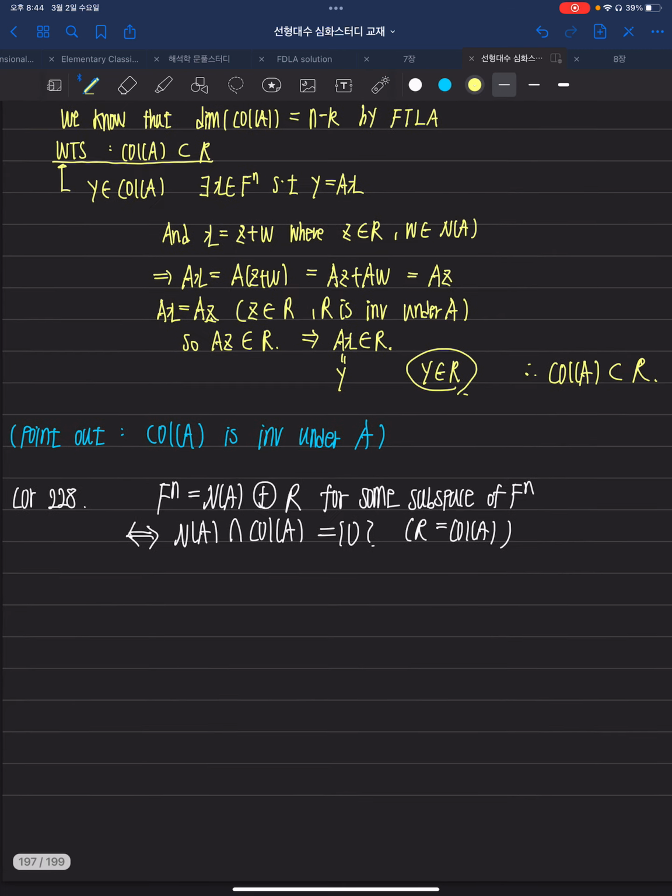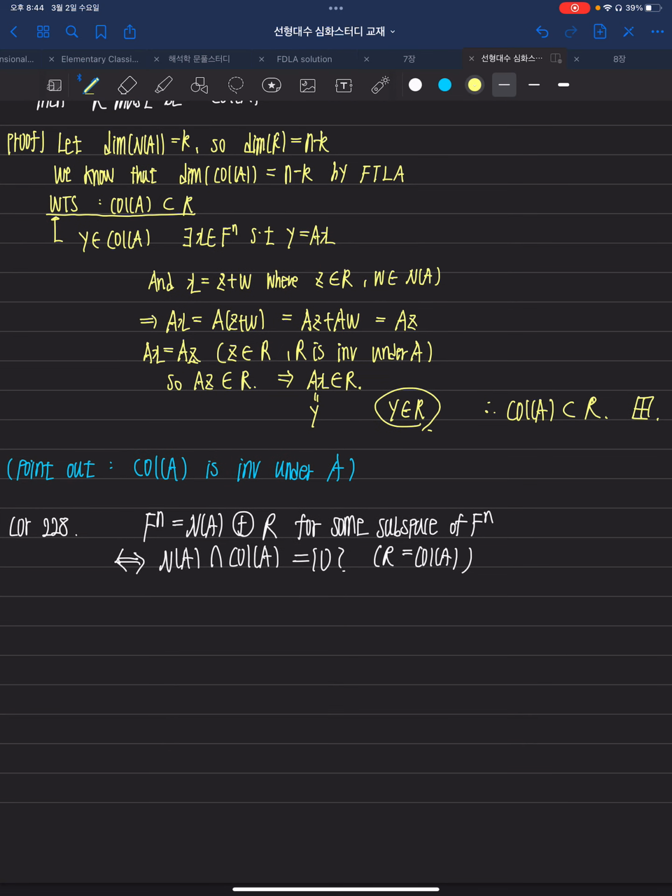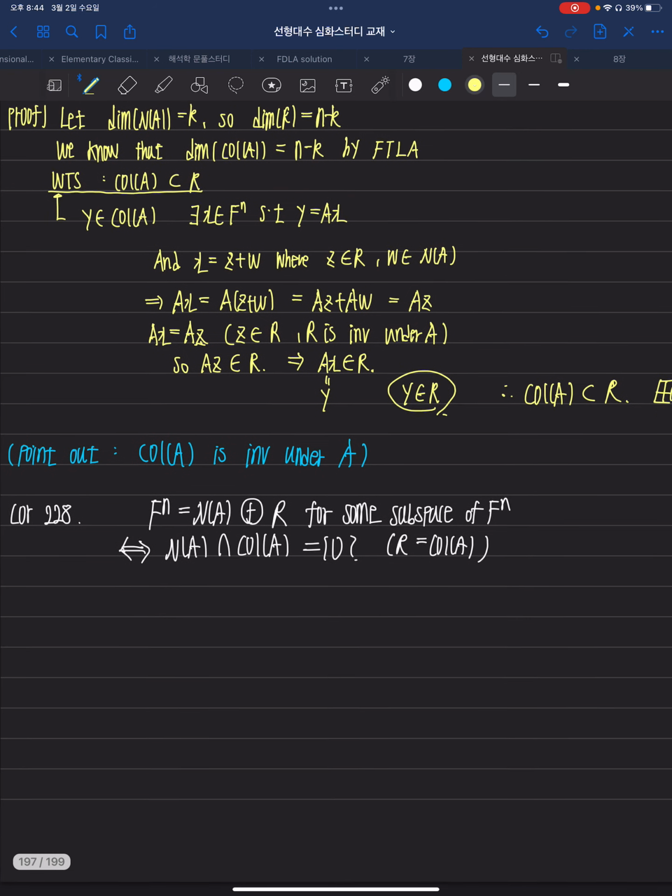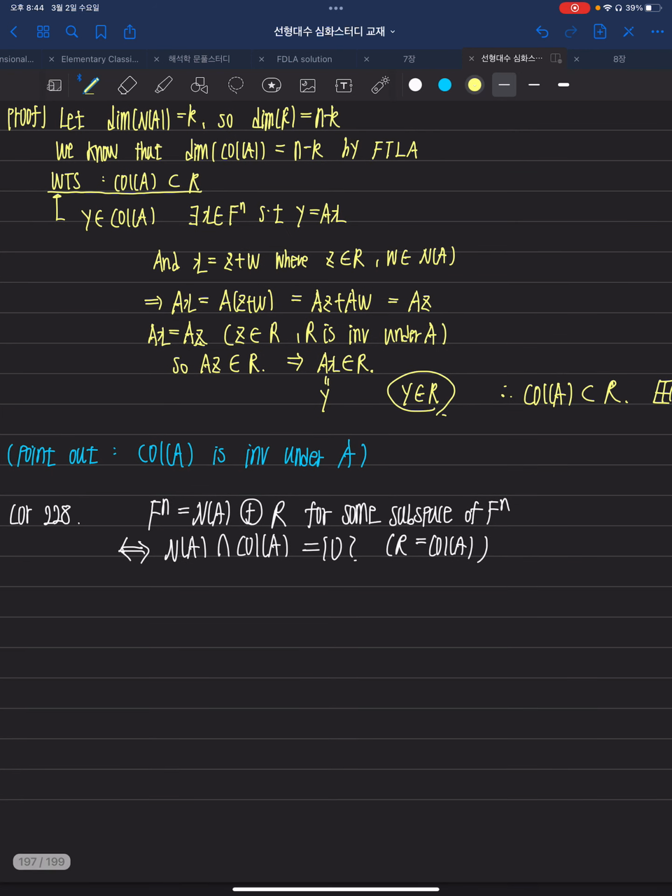And next, Corollary 2 to the theorem 227.